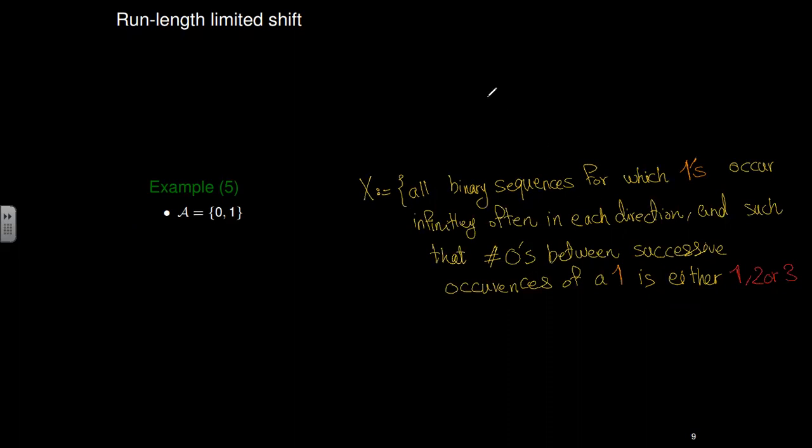So let's discuss a little bit such a point inside of X. Let's suppose x is in X. Roughly speaking, we need the number of zeros between two consecutive ones to be 1, for example, or 2, or 3, and so on.